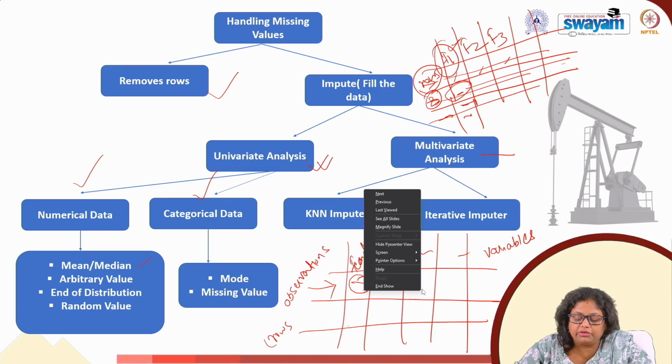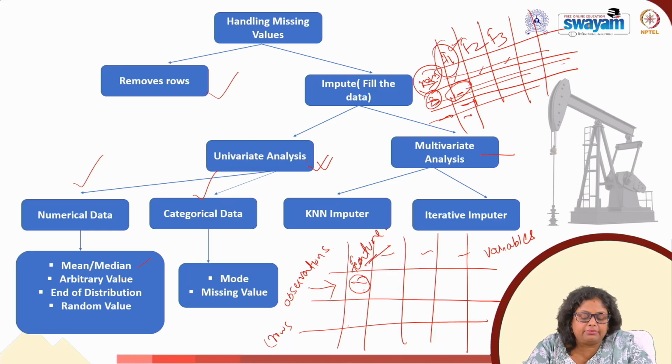We can replace that value with the mean or median of this column, or some arbitrary value, or some random value, or something called the end of the distribution, all of which we are going to discuss.